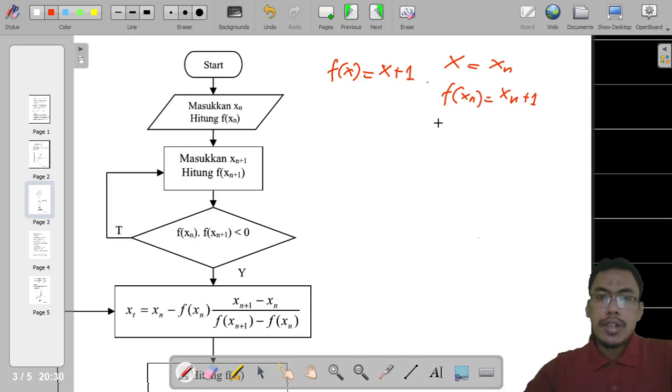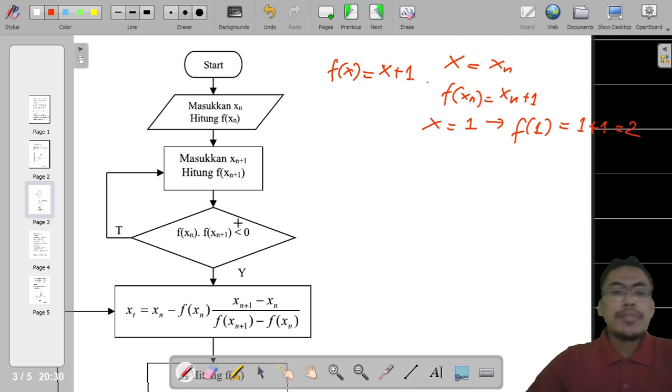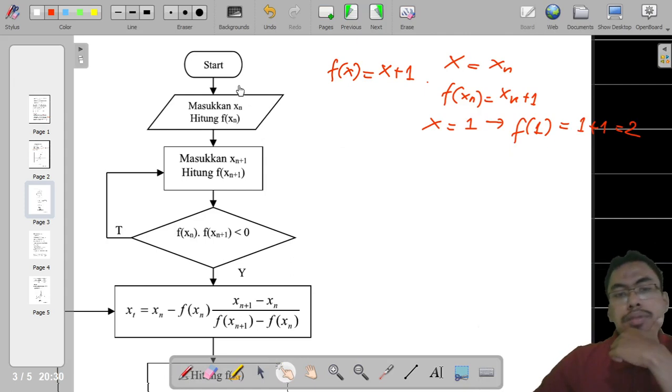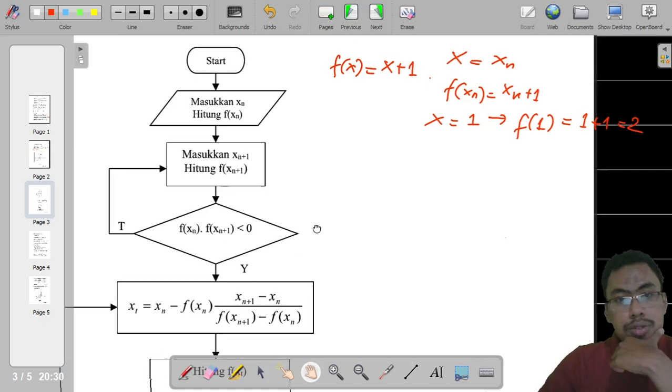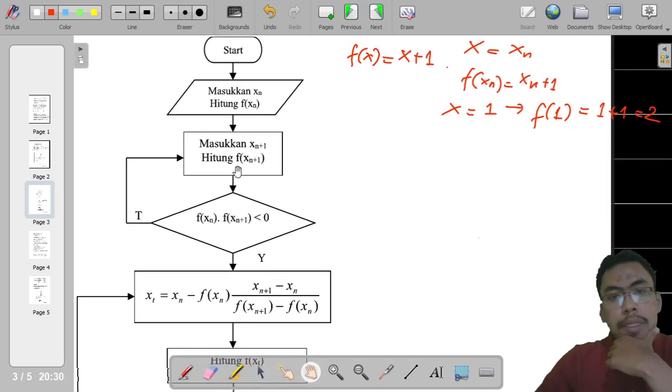And if our x equals 1, then f(1) equals 1 plus 1, so we got 2 here. After we decide the value of xn and also the result of f(xn), we move to the next step.